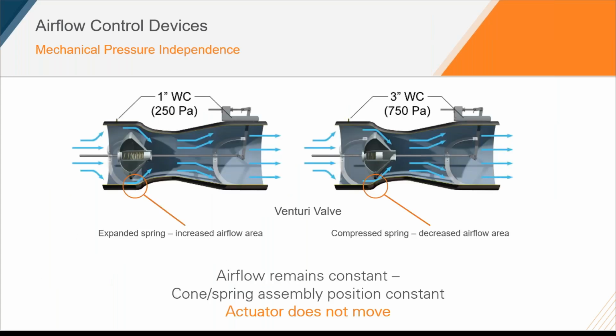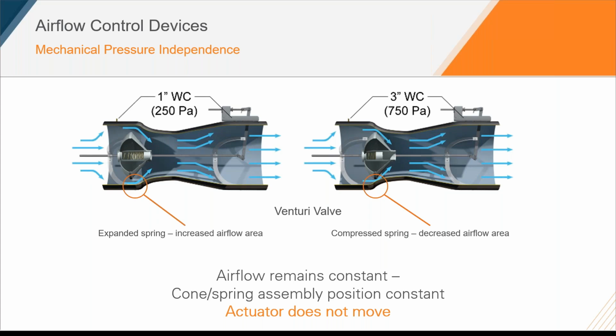So as we highlighted here earlier, whenever we expect pressure fluctuations inside the valve, we expect the cone spring to react. So at 1 inch of pressure, we'd expect the spring to expand, increasing the airflow area. And then when the valve suddenly starts to operate at 3 inches of pressure, assuming the airflow set point stays constant, we'd assume the spring to compress, decreasing the airflow area, resulting in the net same amount of flow going through that valve.